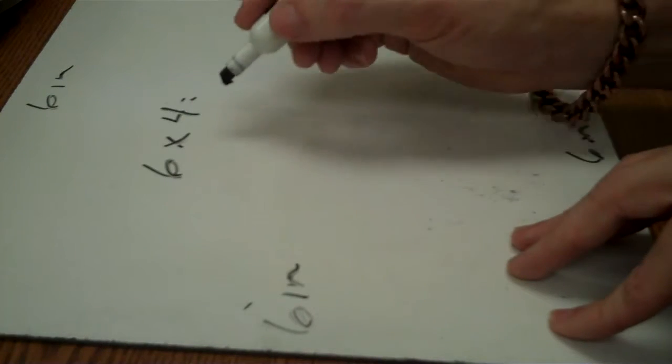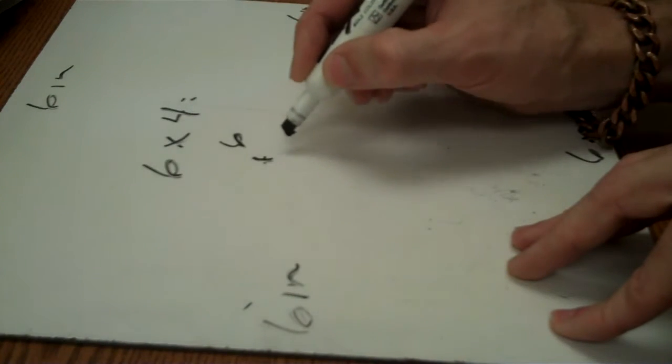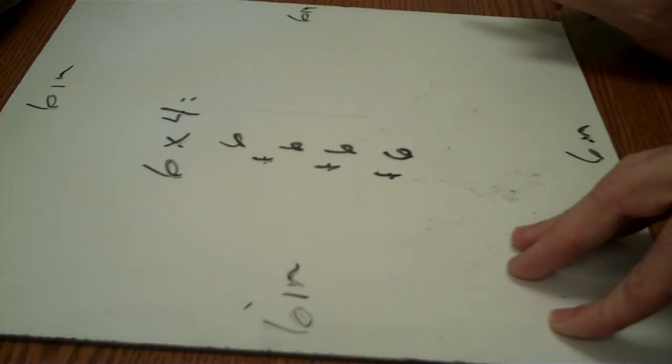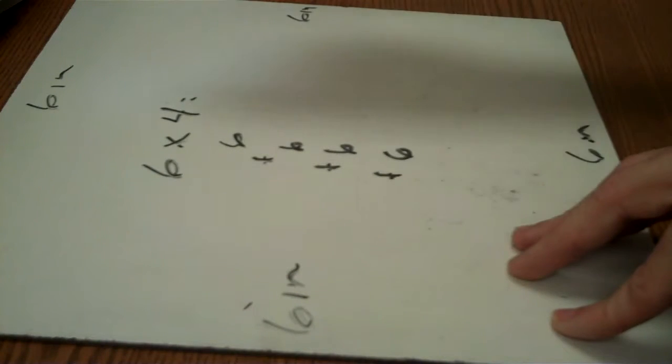We can do 6 plus 6 plus 6 plus 6, if you want to do it that way, which seems to be awful time consuming to me. Or you can add 2 sides together.